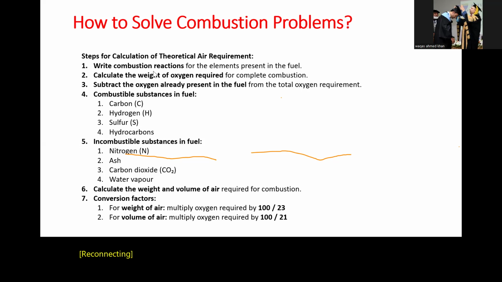Then you calculate the weight of oxygen required for that complete combustion. Then you subtract the oxygen already present in the fuel, and then you calculate the weight and volume of air. At last, you convert that weight of oxygen into air by multiplying by 100 over the percentage. As we know, by weight it is 23% oxygen in air, and by volume it is 21% oxygen in air. So we multiply by this factor to get the total amount of air.